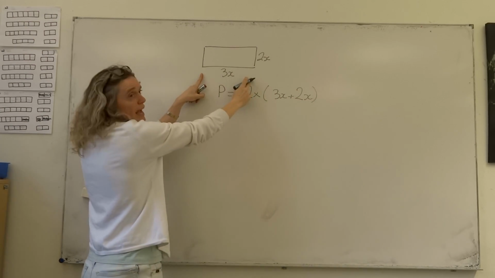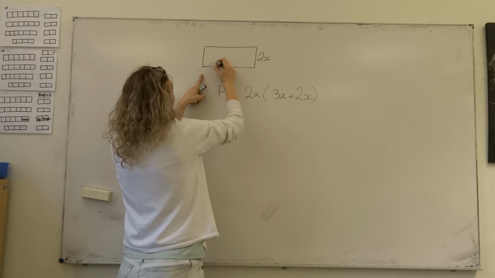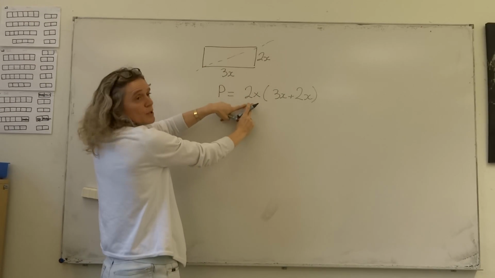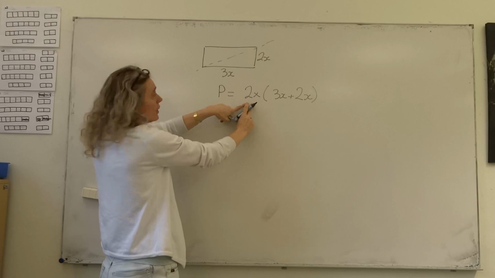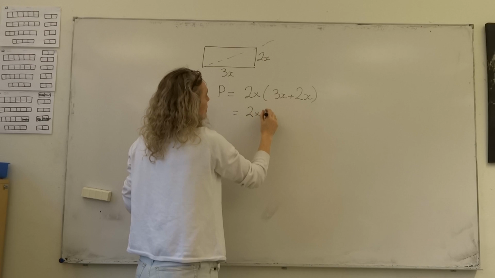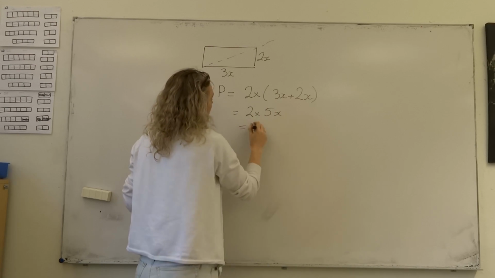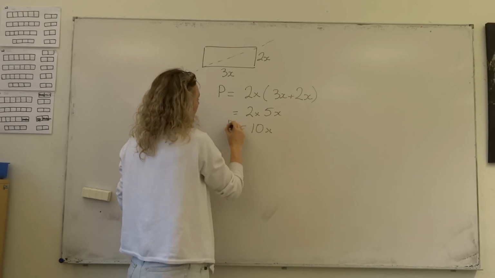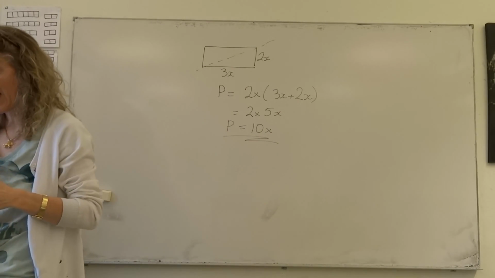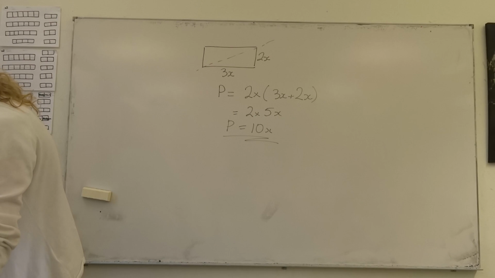The length is 3x and the breadth is 2x. That would give us half of our rectangle. The whole perimeter would be 2 lots of that half. Okay, 3x plus 2x is 5x, so we get 2 times 5x, which is 10x. So the perimeter can be expressed as 10 lots of x in its most simple form.